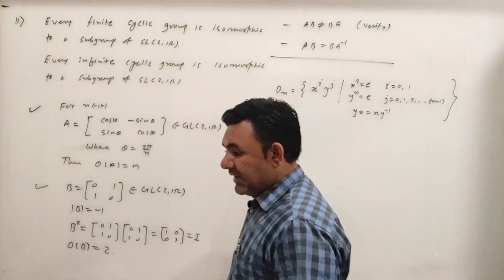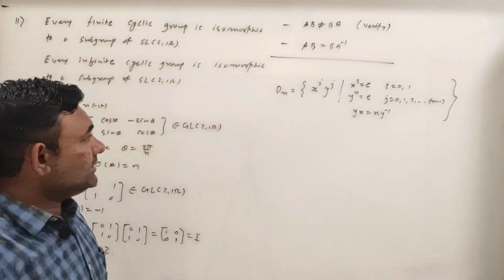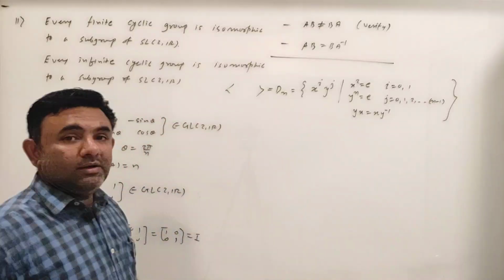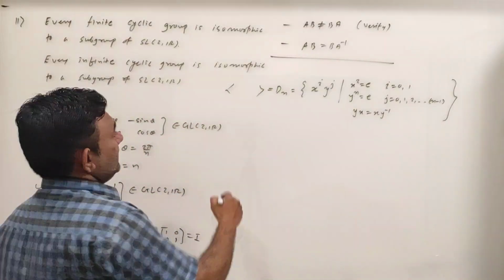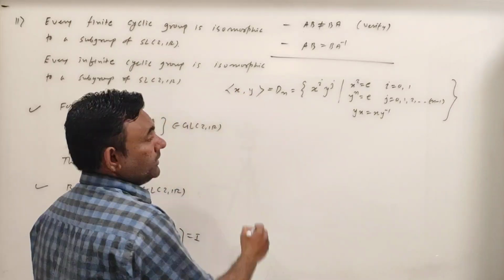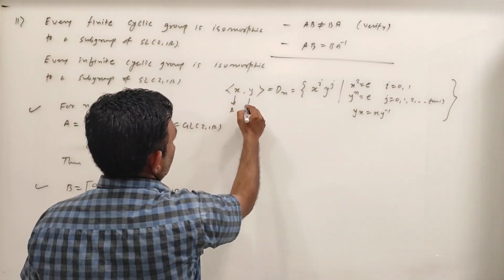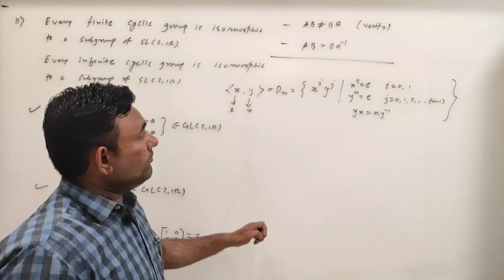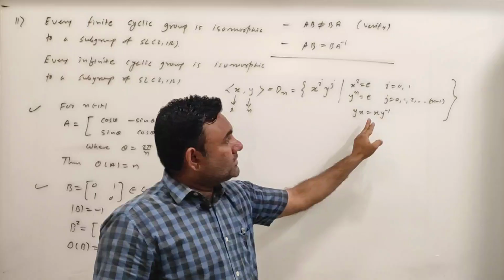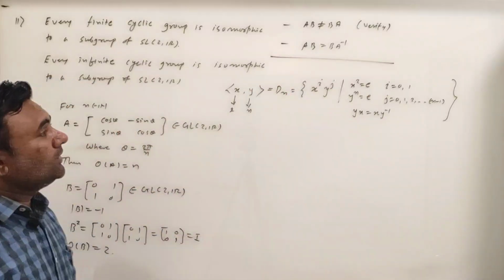So this is what I got as Dn. So how was Dn made? With the help of two elements x and y. x is of order 2 and y is of order n, and x and y do not commute, but they have a relation like this, yx is equal to xy inverse.